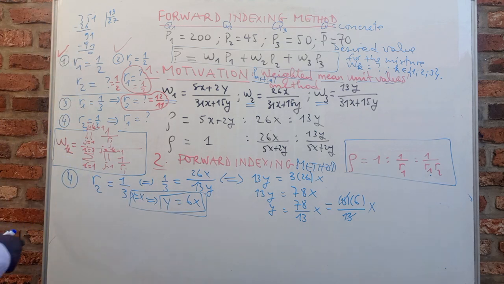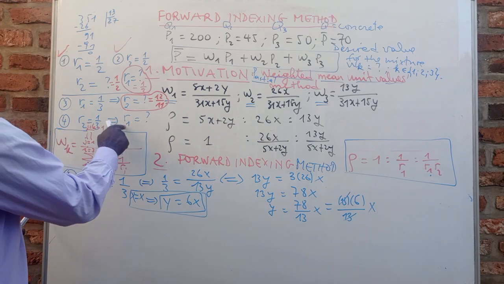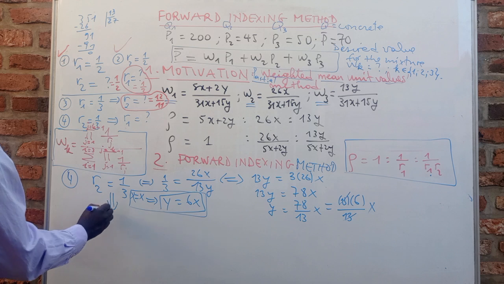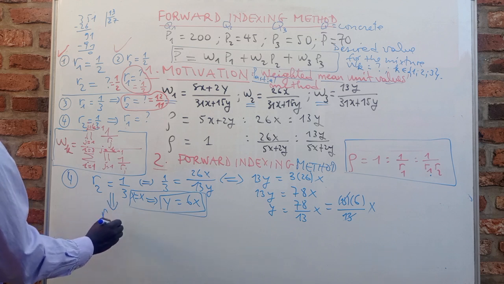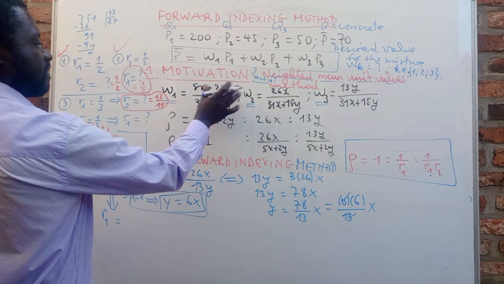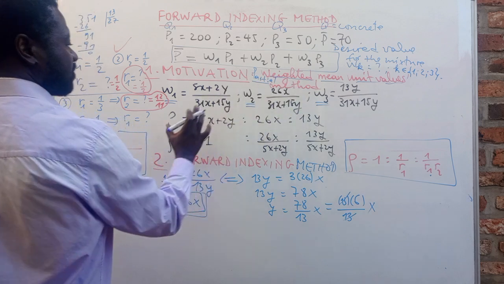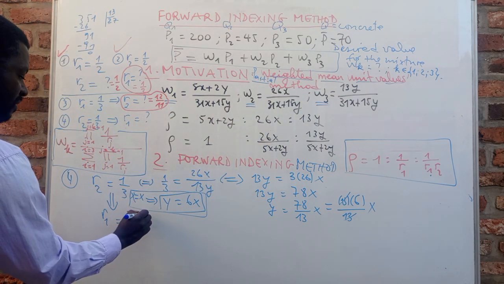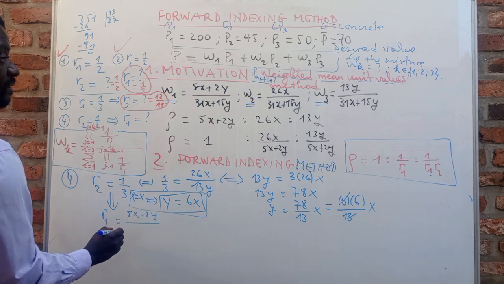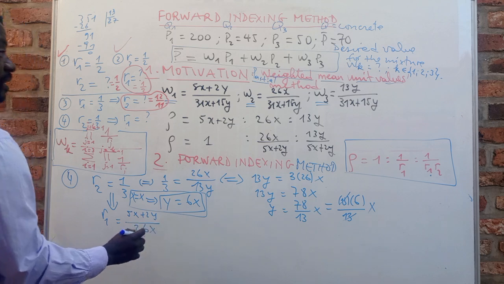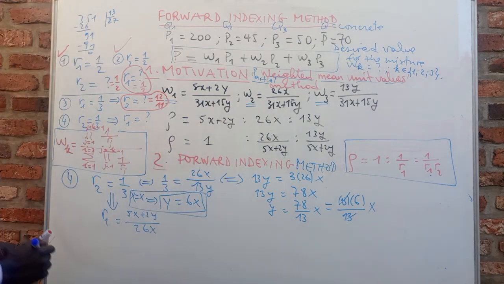Now, what will be the first ratio? Okay, first ratio, r sub 1 is equal to omega 1 over omega 2. This will bring us to 5x plus twice y divided by 26x, because the denominator is the same.